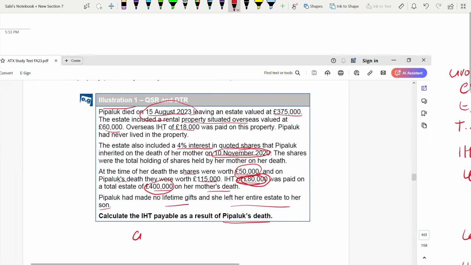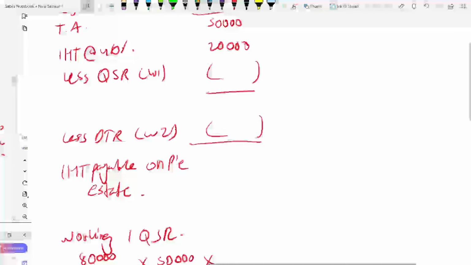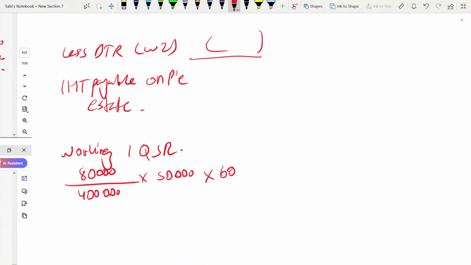So 0 to 1, 1 to 2, 2 to 3. So first it is 100%, 80%, 60%. This is how it works, no? So it's 60%. QSR is what? 6,000. So we got one figure. Put here.